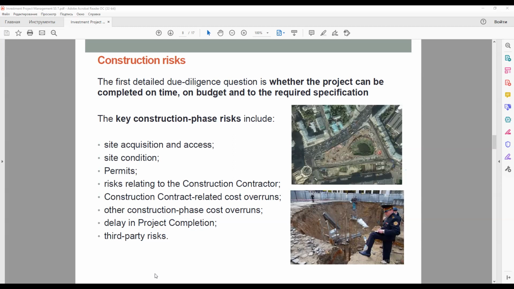They found an air bomb, a very huge air bomb that was dropped during the Second World War when the Nazis bombed Moscow, and its extraction and subsequent demolition took about one week. So one week full stop of construction on the construction site, and also the risk of the explosion of such a bomb that could probably cause damage to the surrounding residential area.